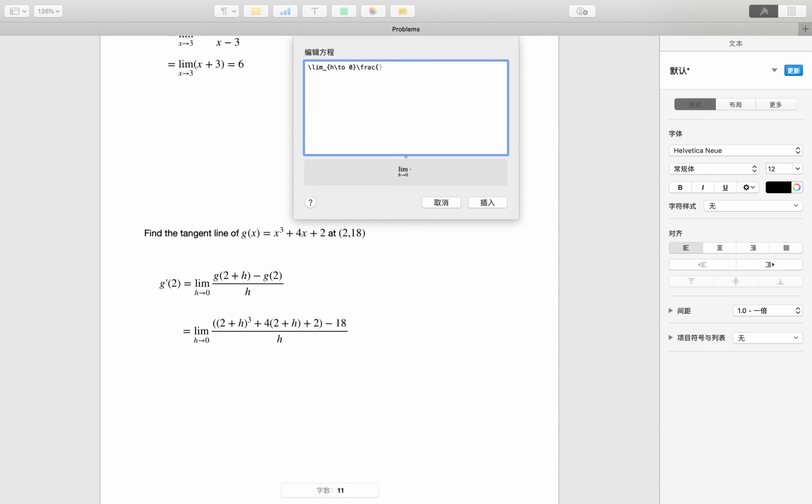By the formula, a plus b cubed equals a cubed plus 3 times a squared b plus 3 times ab squared plus b cubed.